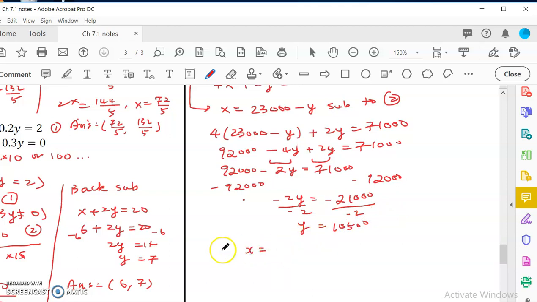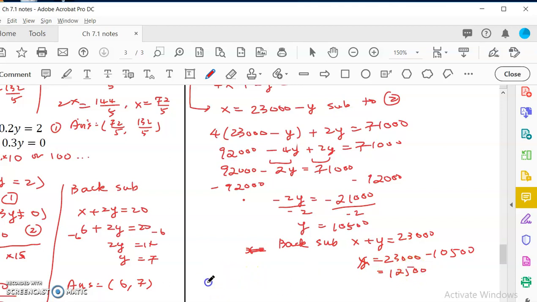X is equal to, but we back substitute, right? X plus y equal to 23,000. So x would equal 23,000 minus 10,500, which is 12,500.